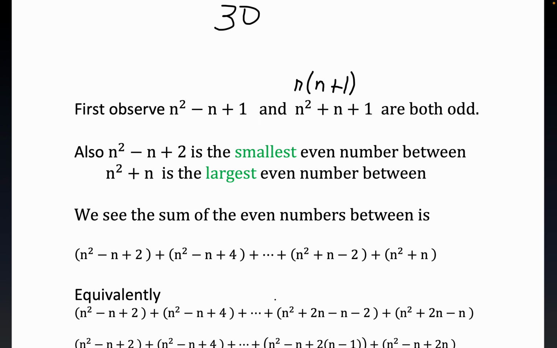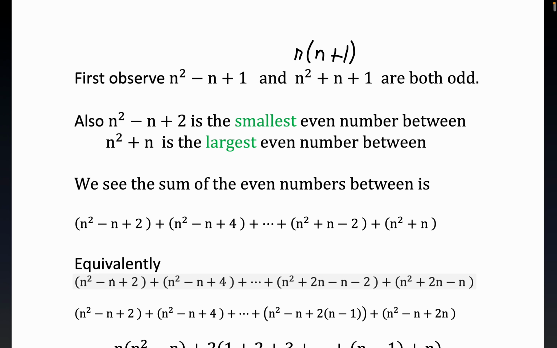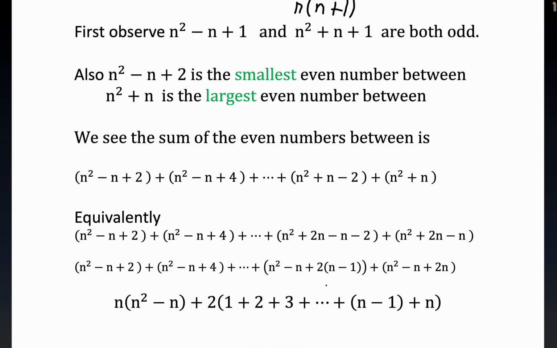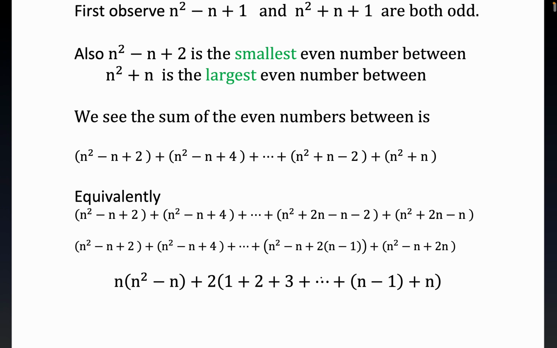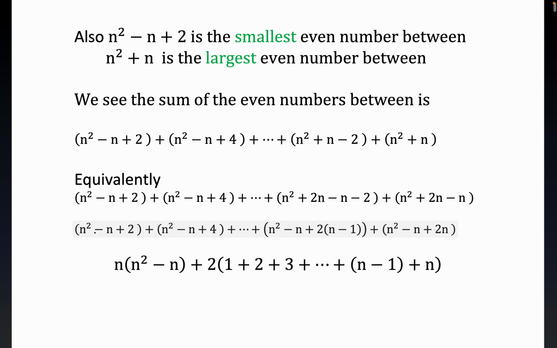Now this is kind of fun how this works out. This next step is slightly unmotivated, but we did it with intent. You see, if we added the 2n in here, you still have the very same thing. 2n minus n still gives you the n, right? Now, why did we do that? Well, that's because we can get a summation that involves n copies of n squared minus n.